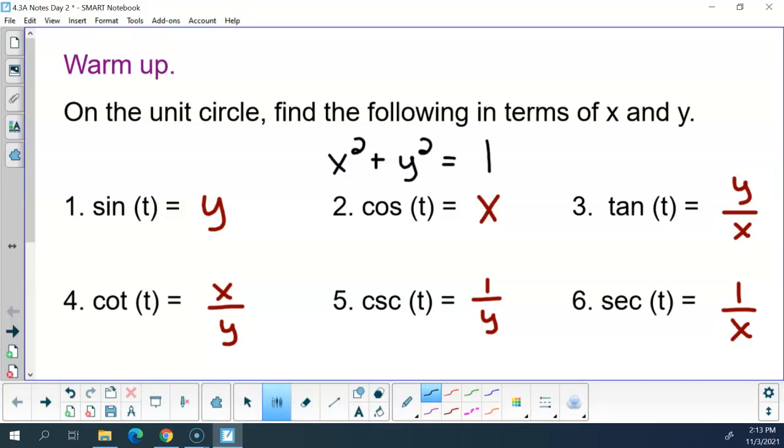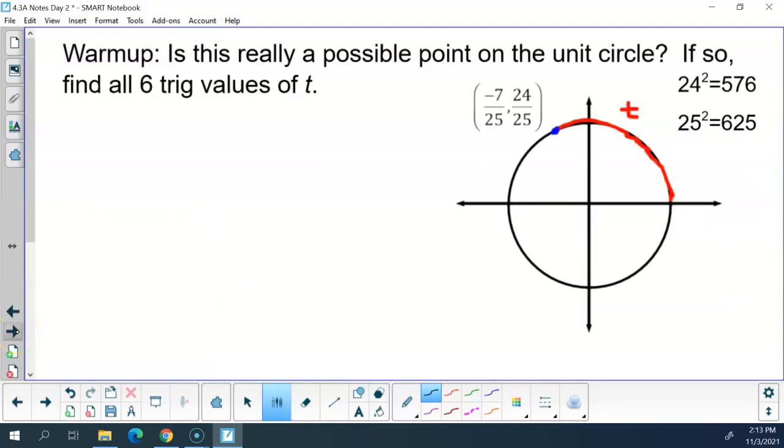So with that being said, you tell me if that point is on the unit circle without using a calculator. I gave you the squares right up there. And if it is, what the 6 trig values of it are.